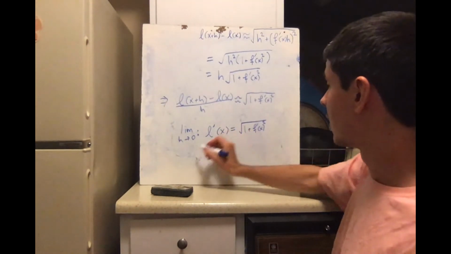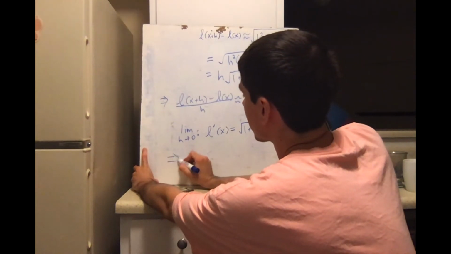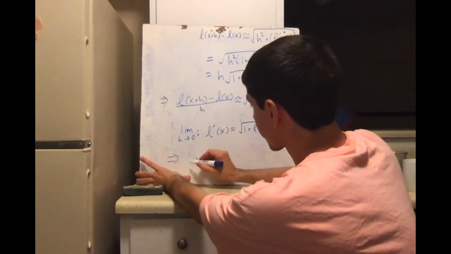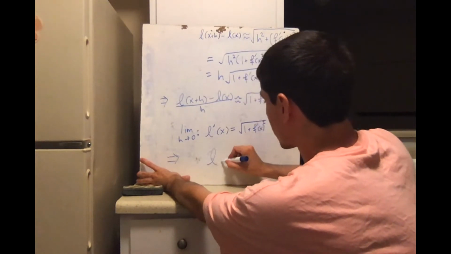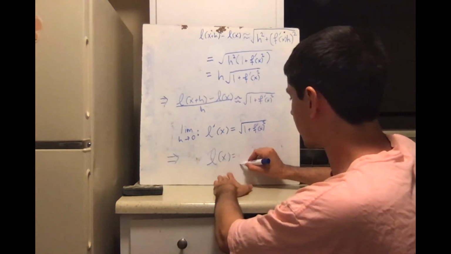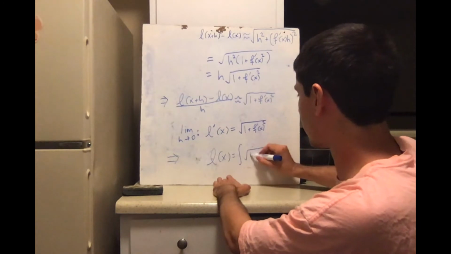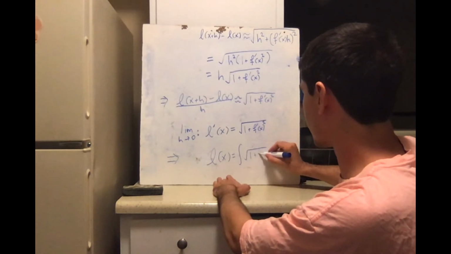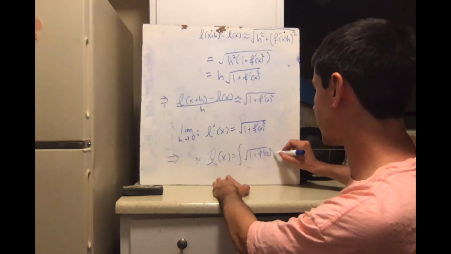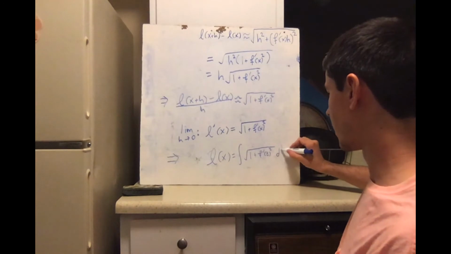And so by the fundamental theorem of calculus, L of x equals the integral of the square root of 1 plus f prime of t squared dt.